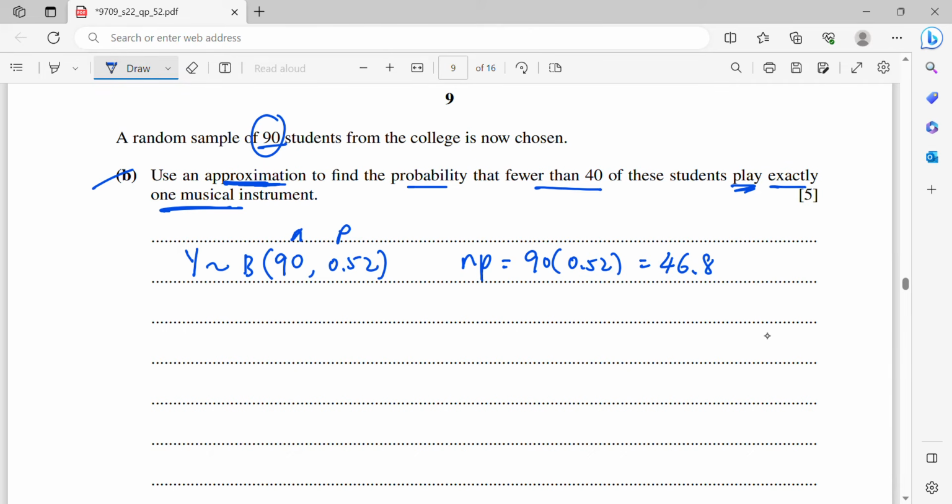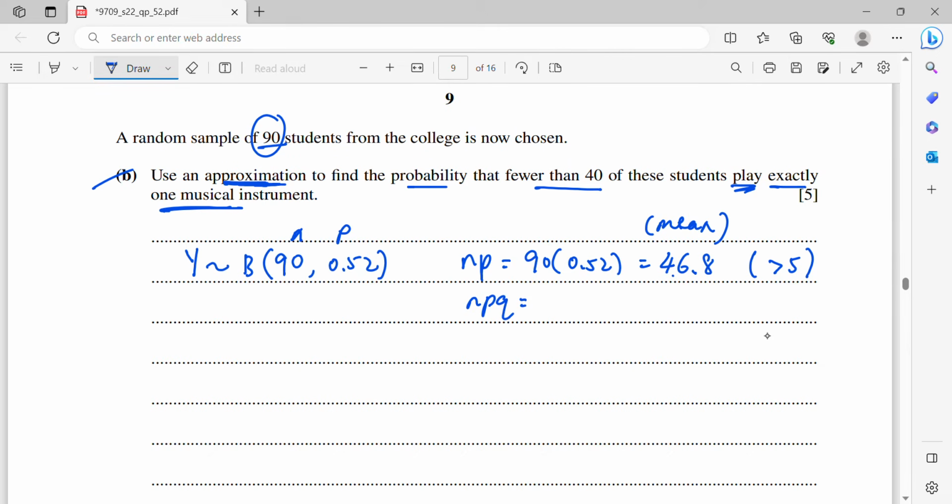So from here, since this is greater than 5, we need to use normal approximation. For normal approximation, your np will be the mean. Then I need to find my variance now, which is npq.